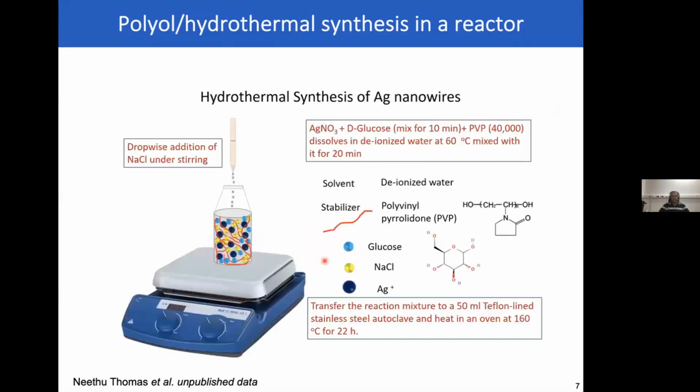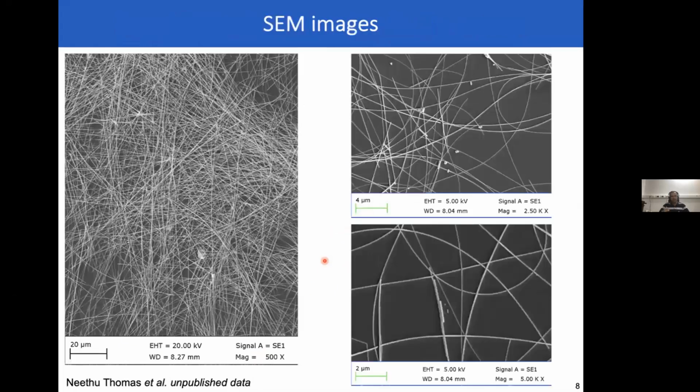We also did some experiments with hydrothermal synthesis, again in a stainless steel autoclave, again for a much longer time. Again, the goal is to see if we can improve the length of the wires, and we did similar things where we changed the ratio of the PVPs.